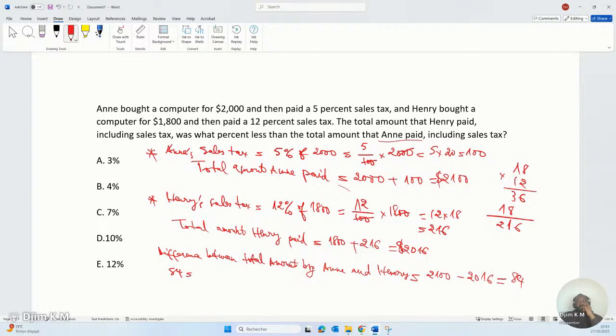So 84 is equal to X percent times 2,100. So we need to find the X percent here. Okay, so X percent is 84 divided by 2,100. Let me do a quick calculation.